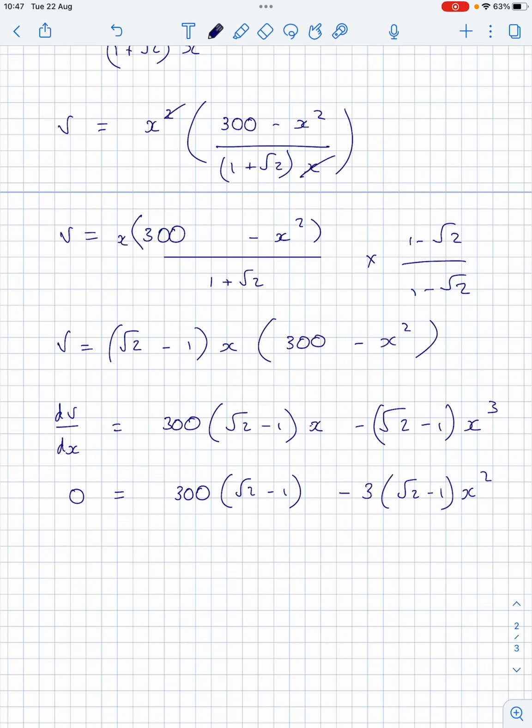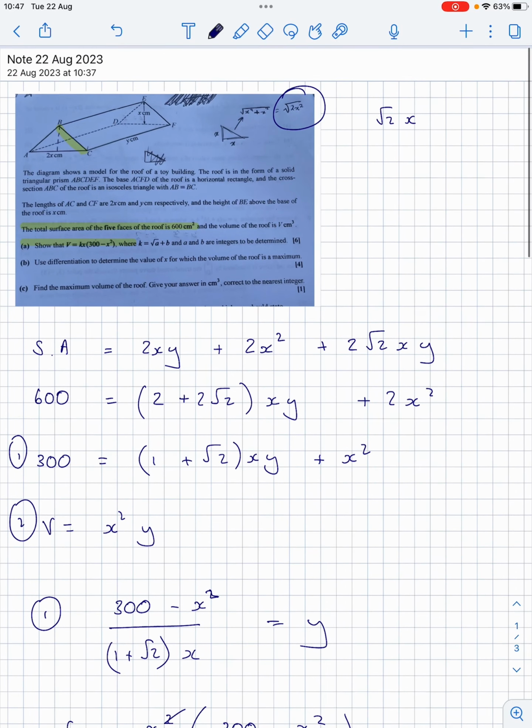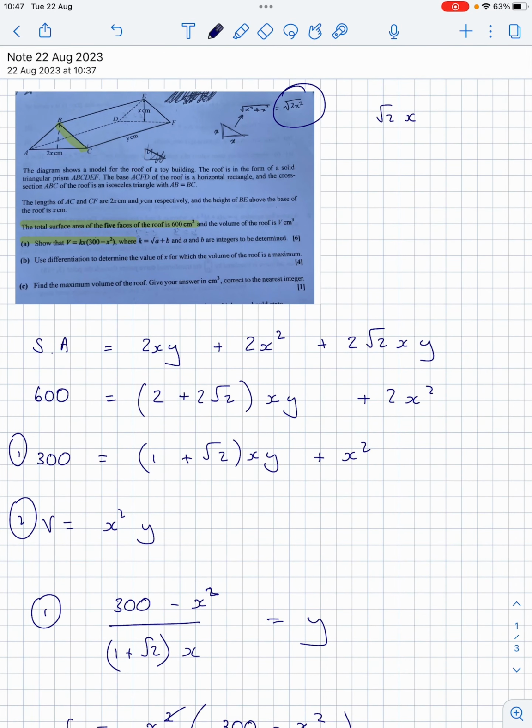And because I've only got one x term, it's equal to 0, so the third cancels, which is lovely. And then I'm going to have minus 300 divided by 3. Oh, well, that's lovely. 100 is equal to x squared, so that value of x is going to be equal to 10. If we keep going, so then you substitute that in, so that's a 1 mark, that's really easy.